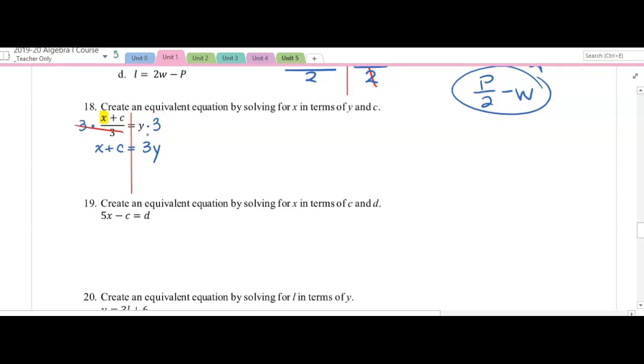Now I need to get rid of this c. The only way to get rid of c is to subtract c from both sides. They cancel out, so I have just x equals 3y minus c. And that's my final answer.